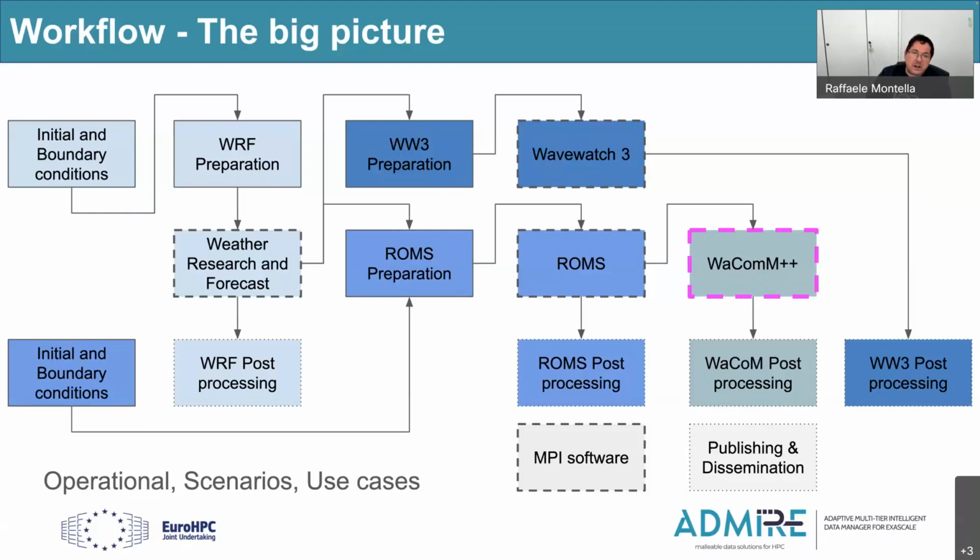Because we have two scenarios here. In the community models such as WRF, WW3, WaveWatch III, and ROMS, our community models are open source, but the last thing we want to do is modify the source code, because they are huge projects maintained by people really focused on operational issues.